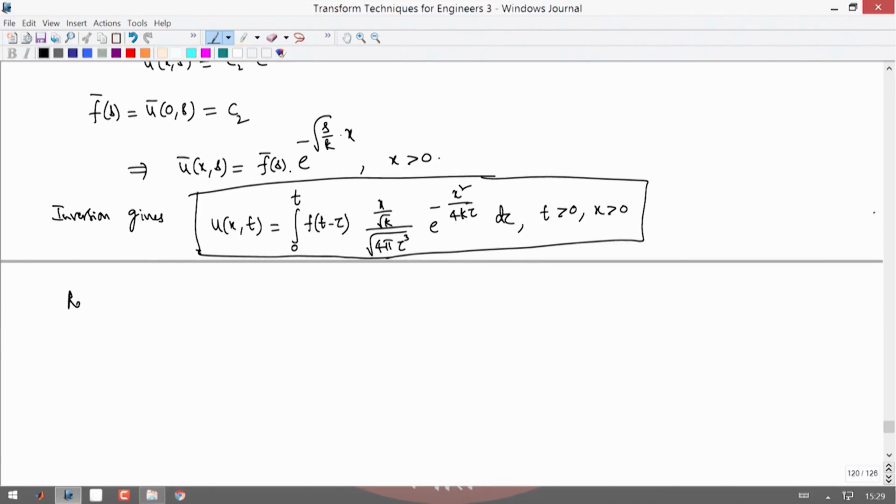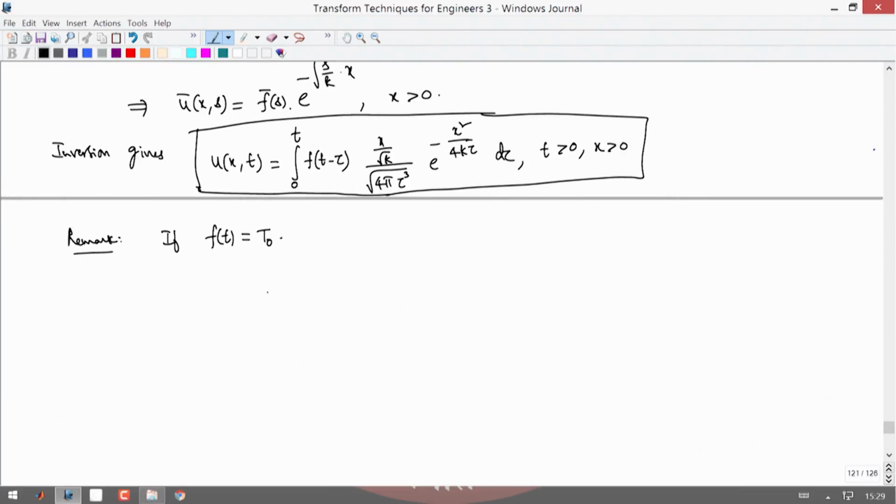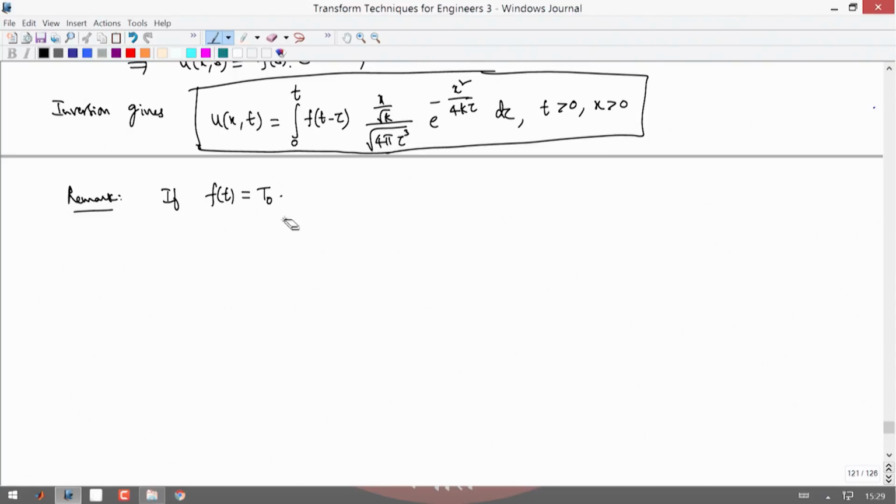So, as a remark, if f of t is constant, let us say t naught, some fixed temperature you keep pumping at the end of the rod at x equal to 0, what you expect for all times is that your temperature is integral 0 to t, x comes out, x by root k comes out.